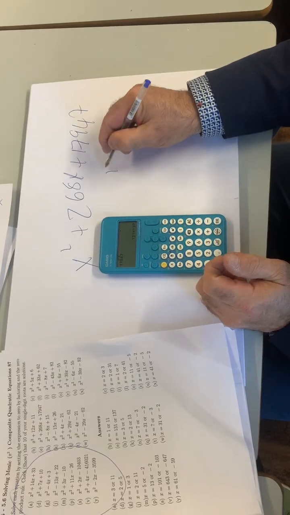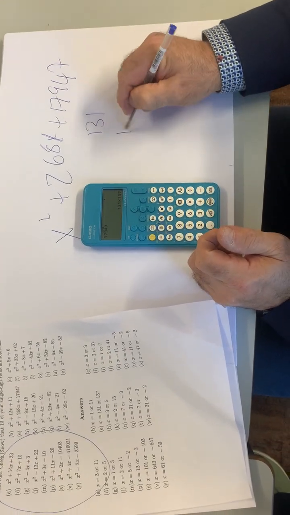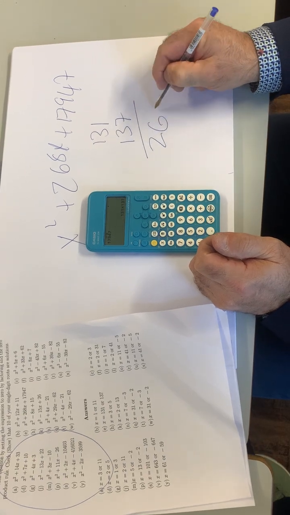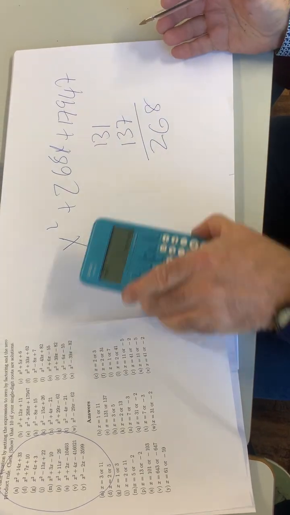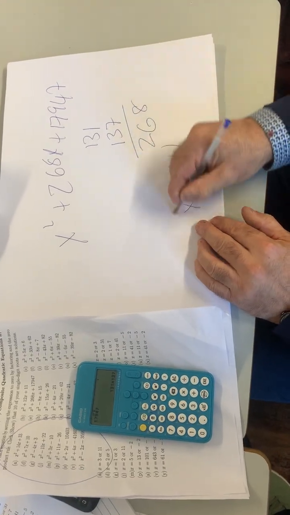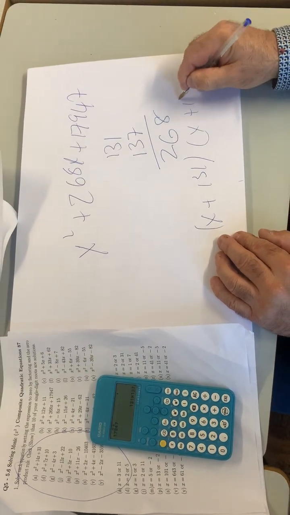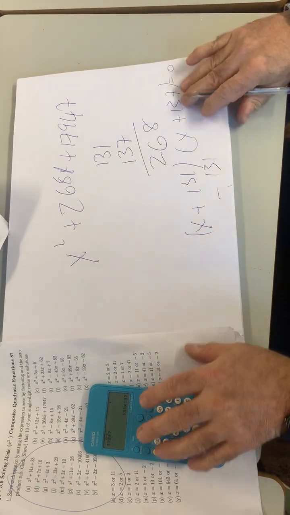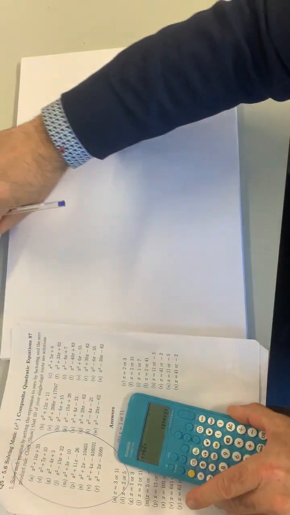There's something going on here: 131 and 137. 268. Holy cow. So it's x plus 131 and x plus 137 equals 0, so x equals minus 131 or minus 137. One more bit of fun for us there.